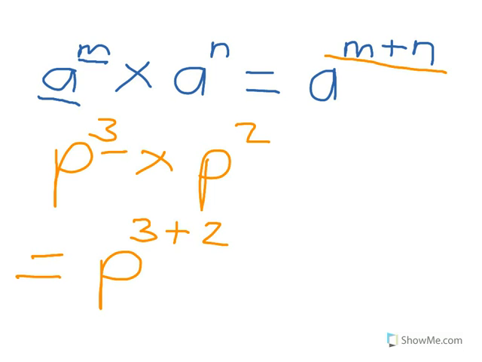So we add 3 and 2, and this now gives us p to the power of 5.